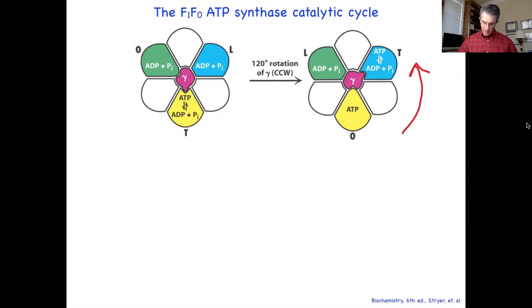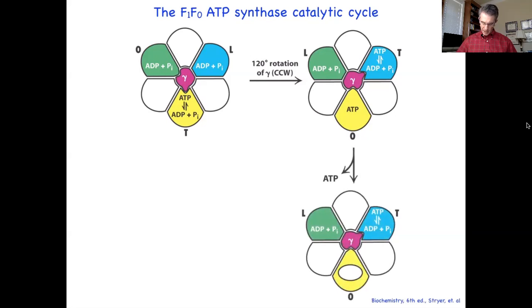So now we rotate one more. ATP can now come out of the open subunit, the yellow subunit over here, because we had moved that one around. This one, as I said, was now making ATP. This one is now closed. The open subunit can now reload with ADP and inorganic phosphate.